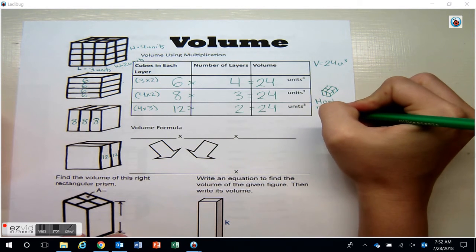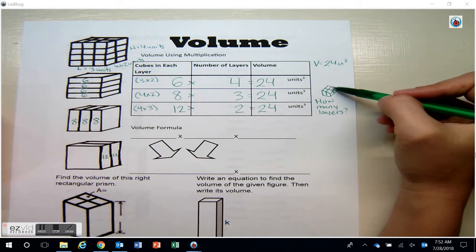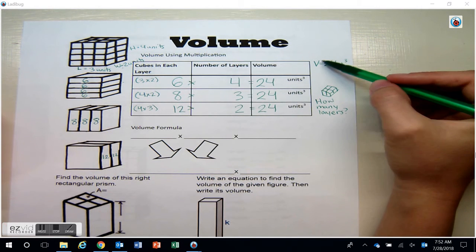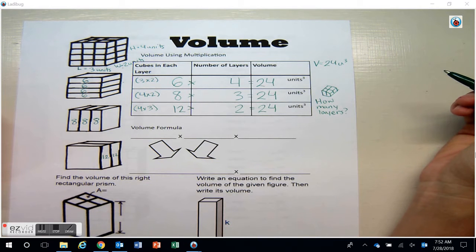But this time, I'm only going to tell you that that prism has 4 cubic units in the bottom layer.